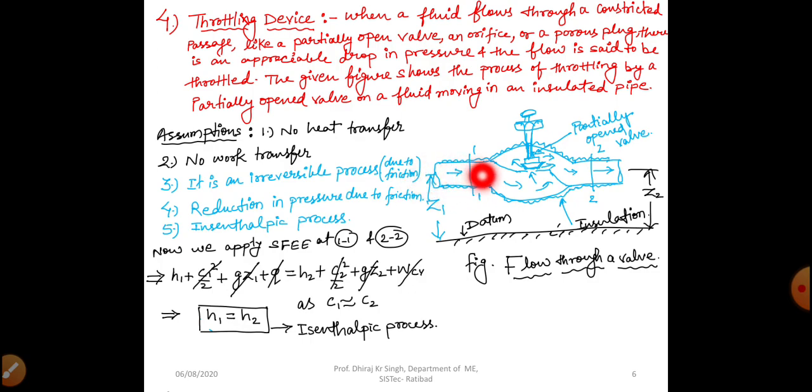So when fluid is going from there like this, the fluid will get outside. So here it is a partially open valve. What is the function of this partially open valve?